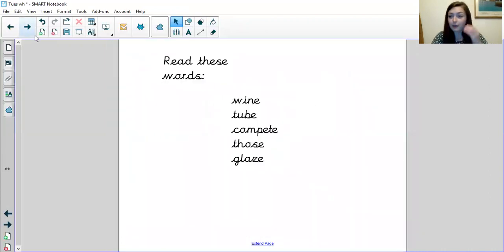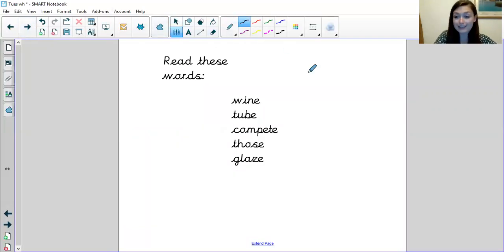Asked. So let's read these and see if we can recognize the sounds in them. We'll put our sound buttons on as well. Let's read this word. That's right. Wine. So we've got w, i, n, split digraph i. What about this one? Well done, tube. Split digraph u this time. We'll put the sound buttons on to make it easy to sound out.